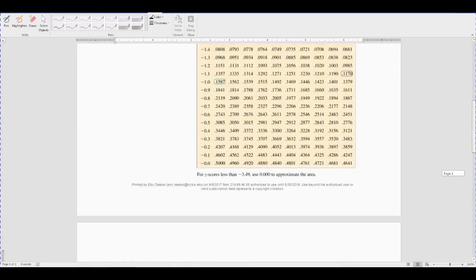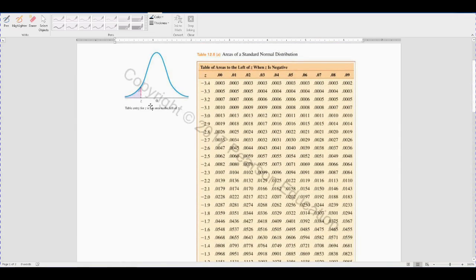And if you look here, it's telling you that the shaded region is an area to the left. So in this particular example in the book, the table is saying that this z value represents the area to the left of the z value, and that's what these table values are.